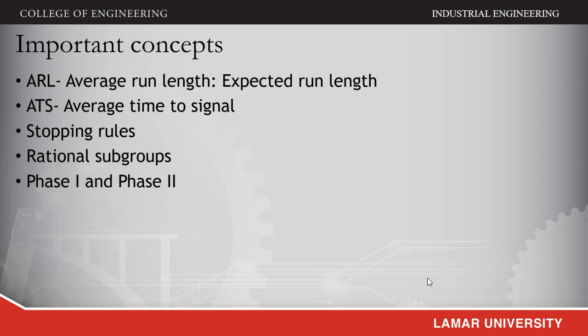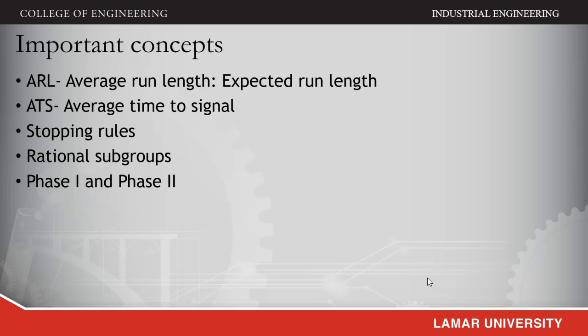We have the average time to signal, which is how long it takes in terms of time, and that depends on the frequency of the sampling, because we are given the opportunity, maybe more frequently, to obtain a stopping signal, and therefore we would expect to stop every so often.